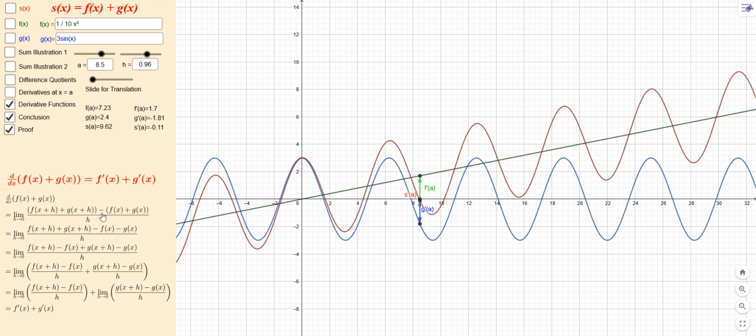Now what I'm going to do is distribute this negative here, get rid of the parentheses, so I'll get f of x plus h plus g of x plus h minus f of x minus g of x, all over h, and then take the limit as h goes to 0. Now I'm going to use the associative and commutative properties to rewrite this in a different order, so the f's are together and the g's are together.